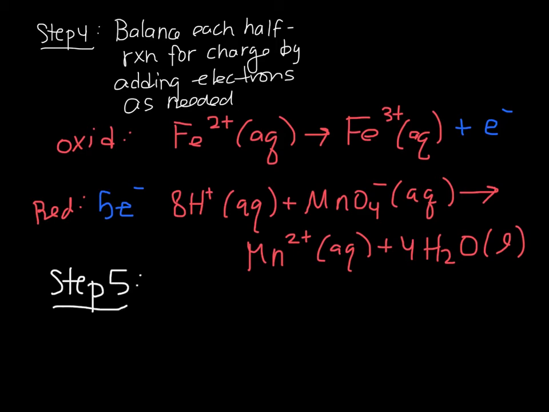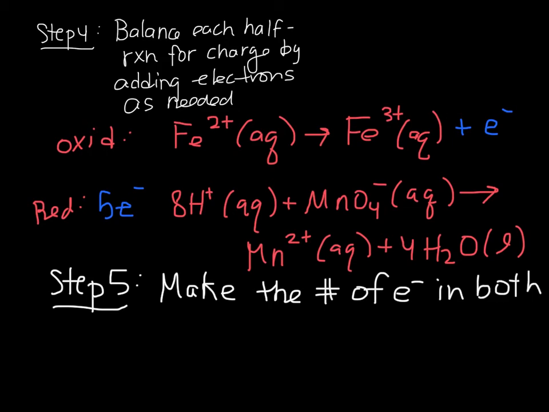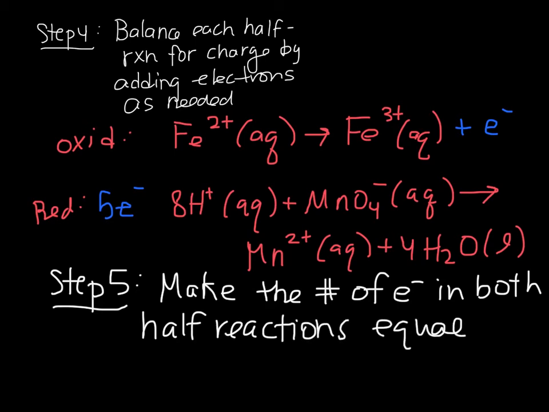Now the next step, step 5, is to make the number of electrons in both half reactions equal so that we can add them together and they will cancel. And we do this just by multiplying through by an integer on one or both reactions as needed.